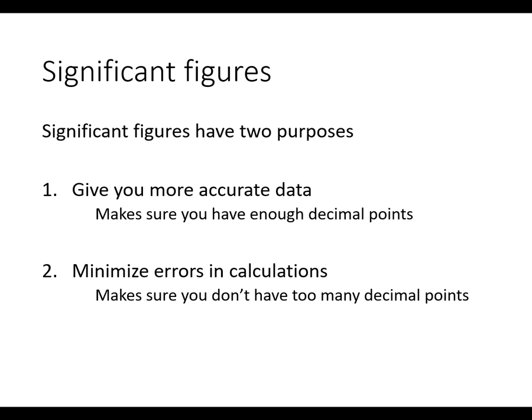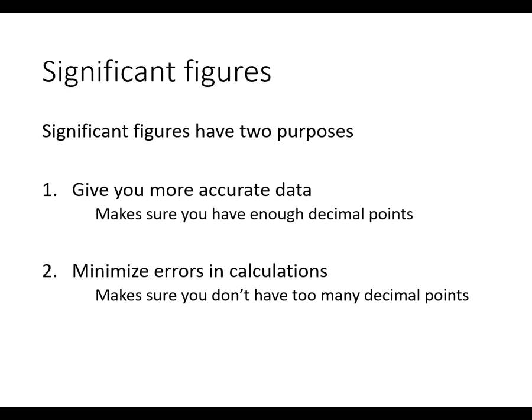The second purpose of significant figures is to minimize errors in my calculations. Now, everyone's done it. They've pulled out their calculator and done some calculation, and they have a number that fills the entire screen, 10 decimal points or more.